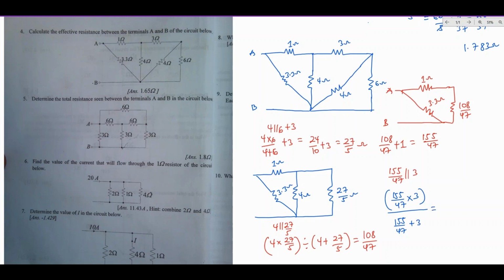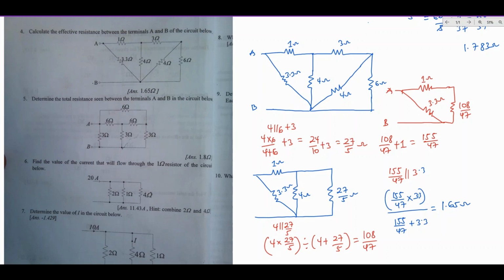Let's simplify this and see what you're going to get. This will give us a value of 1.65 ohms. So that will be the effective resistance.